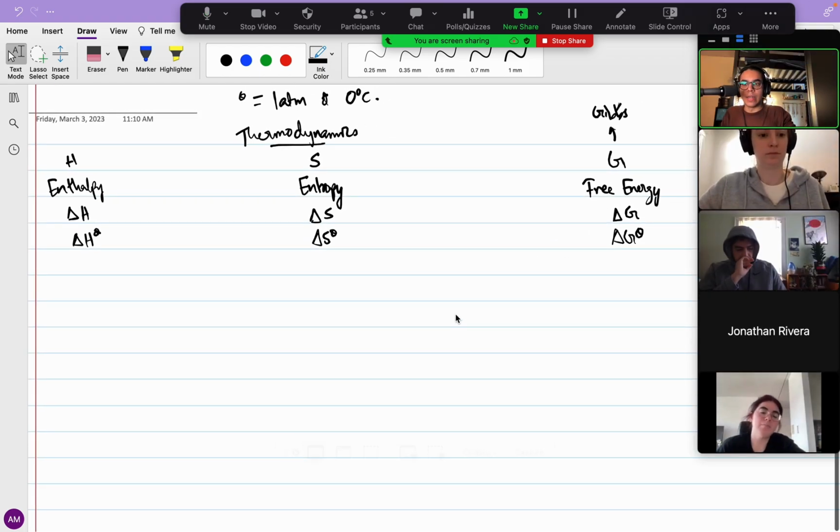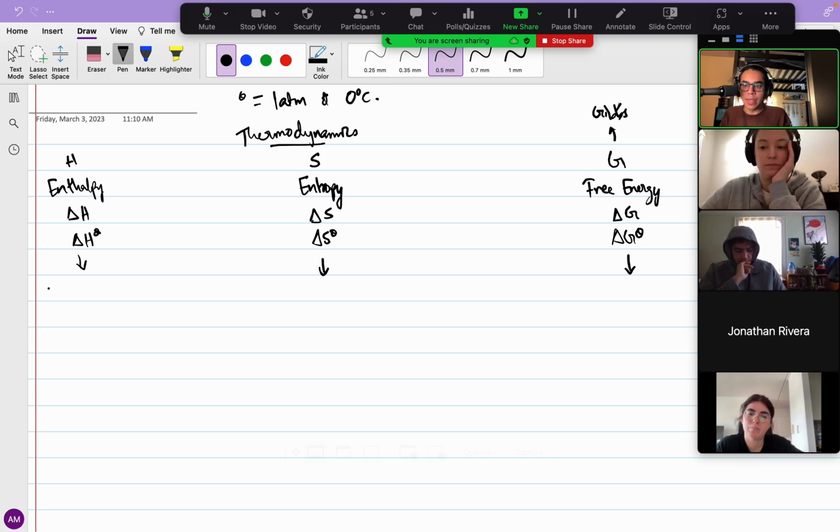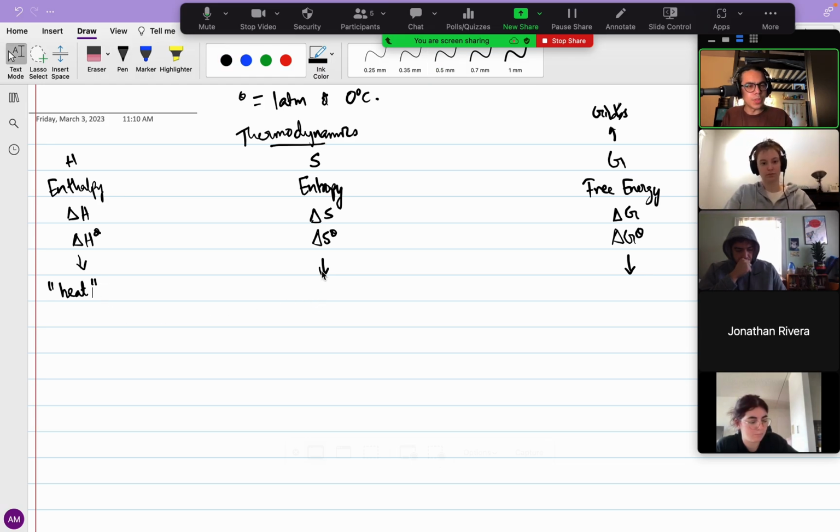Now, the first thing is, what are these three things qualitatively? What do they help you describe? Why do we care about these quantities? We care about enthalpy because enthalpy tells you about the heat of the reaction, how much heat is absorbed or released as a reaction takes place. Entropy deals with the disorder of any kind of change. Does disorder go up or down?